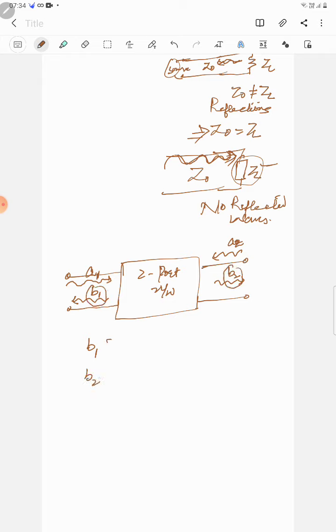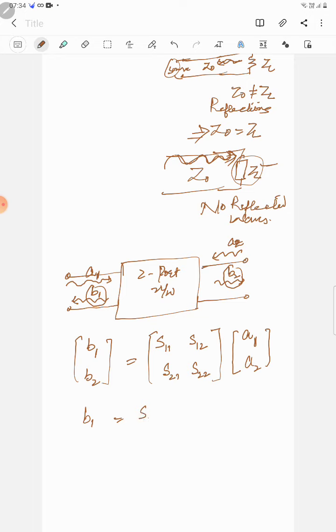So B1 and B2 are related to the incident waves A1 and A2 by a set of parameters called S parameters. In equation form we can write B1 is S11A1 plus S12A2, and B2 is S21A1 plus S22A2.